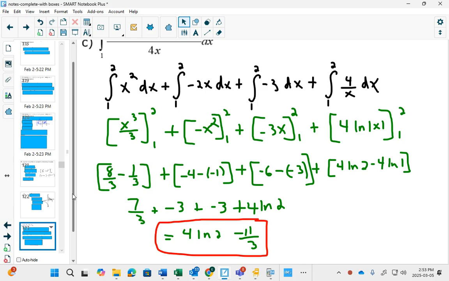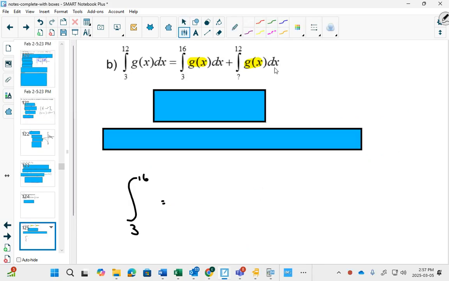Four natural log of 2 minus 11 over 3. To 12 plus 12 to 16. Agreed?